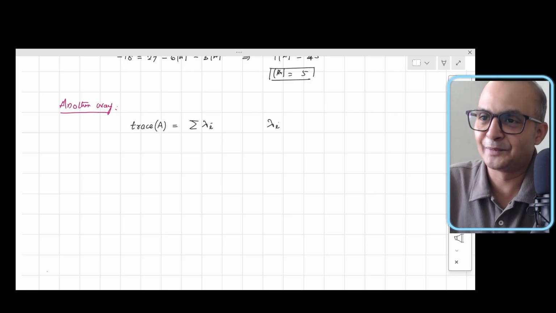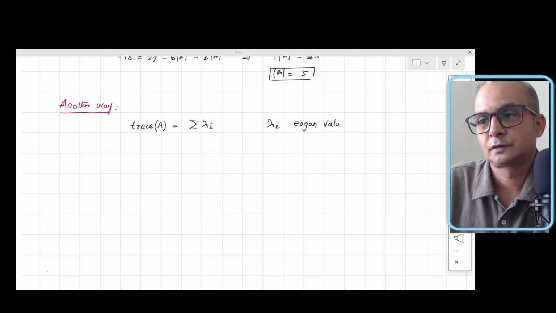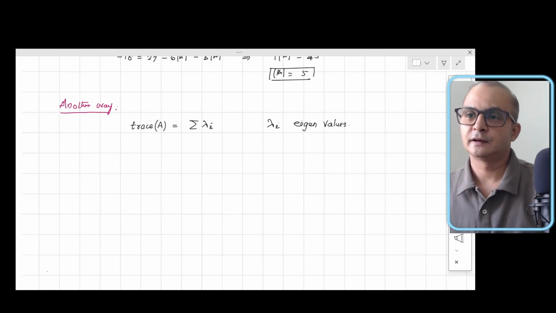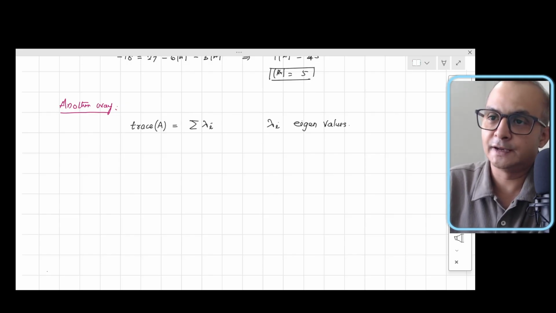Lambda i are eigenvalues, whatever you say. So trace of A is always the sum of eigenvalues.